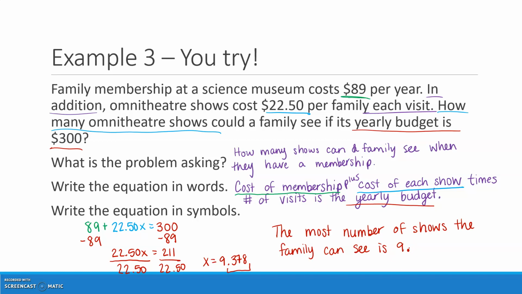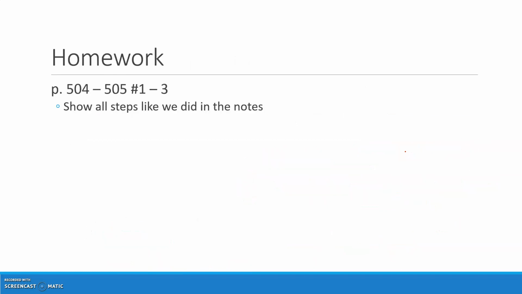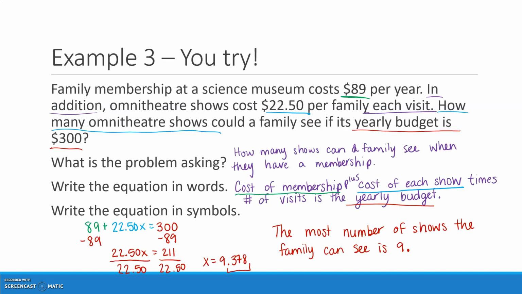All right. So, for your homework, you have 3 problems to do. And this is going to be posted in Google Classroom, but this is very important. You must show all steps, just like we did in the notes. So you're going to do this in a Google Doc, or if you want to do this on paper and then take a picture and upload it, you can. I would prefer it in a Google Doc because there's some typing that goes on.